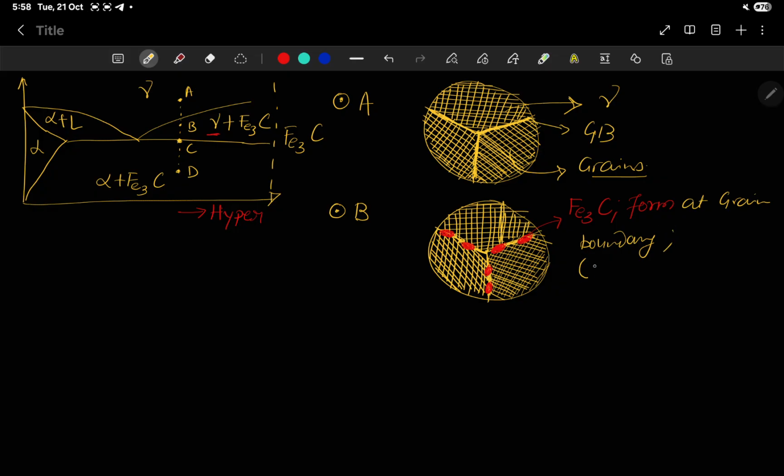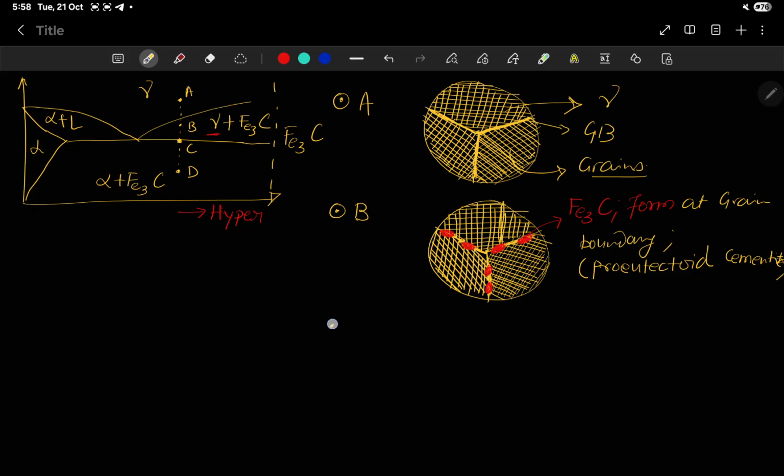This is also called proeutectoid cementite. Fe3C is cementite, proeutectoid cementite. So this is point B.